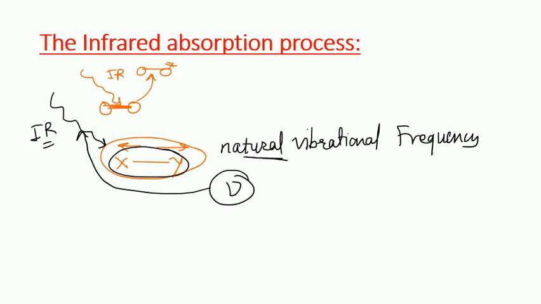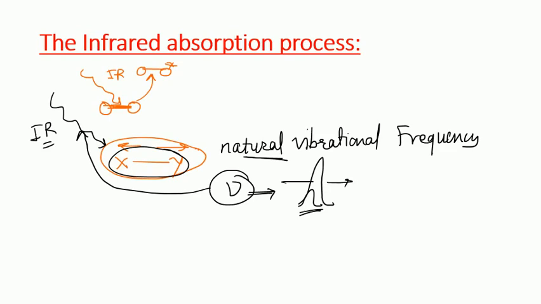That bond absorbs the vibrational frequencies from the infrared radiation and its amplitude increases. The amplitude before was like this, and after absorption of IR radiation by that bond, the amplitude increases. So increasing amplitude shows the absorption in the IR frequency.